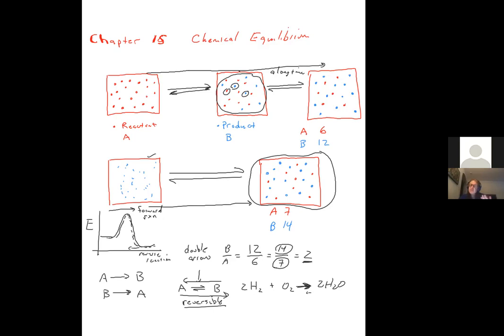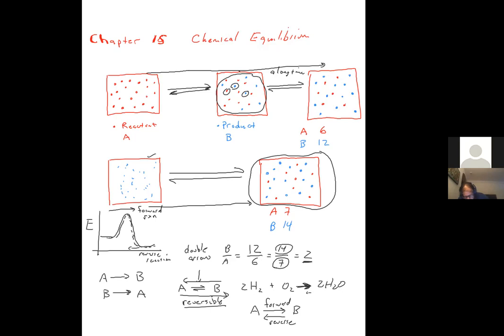Okay, so for that reason, it's not uncommon to write A arrow B as forward and B arrow A as reverse. Okay, and each one has a rate constant.